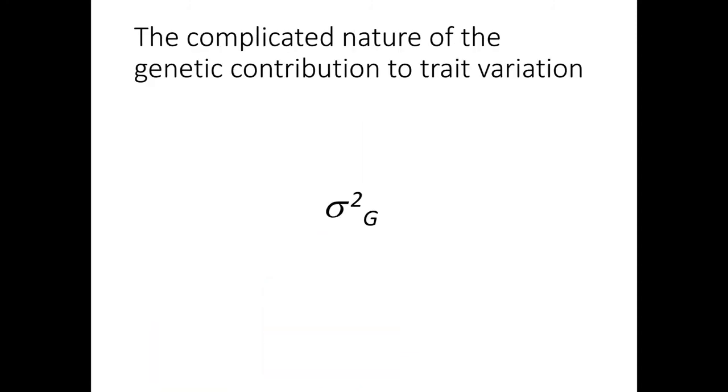So another point related to this is the complicated nature of the genetic contribution to trait variation. At the beginning of this lecture, we talked about phenotypic variation that's entirely due to genetics, but it turns out one can break this into different parts.